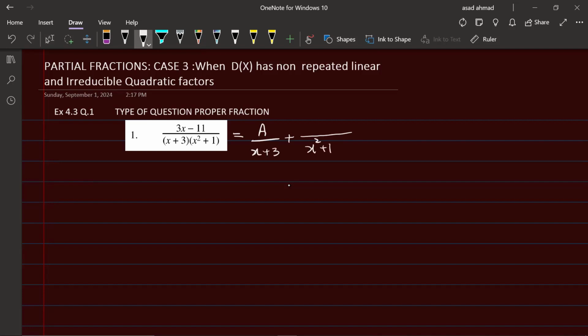Whenever we write the quadratic term in the denominator, we will write it in bx plus c form. This is all because there is a quadratic term involved in it.